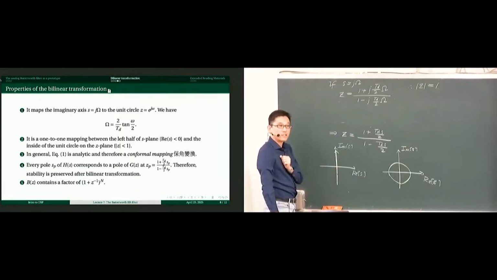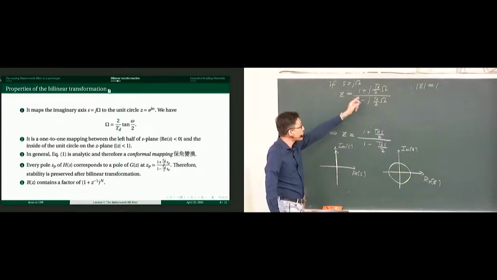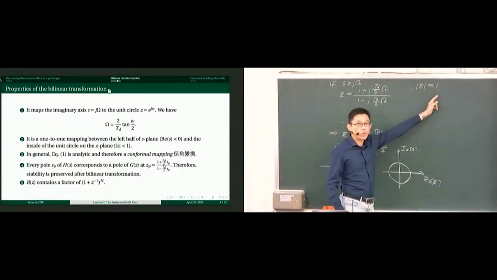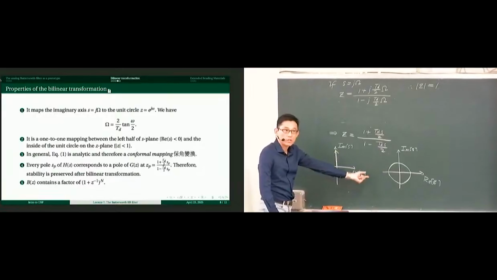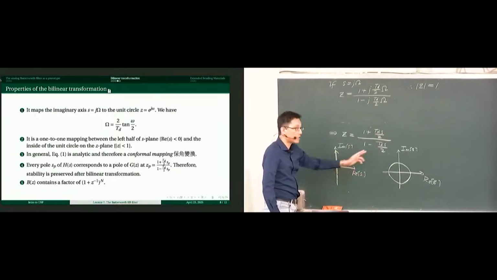Is that clear? If S is on the imaginary axis and you write it as S equal to j omega, then the absolute value of Z is 1. That implies Z is somewhere on the unit circle. So our next job is to find out exactly where.